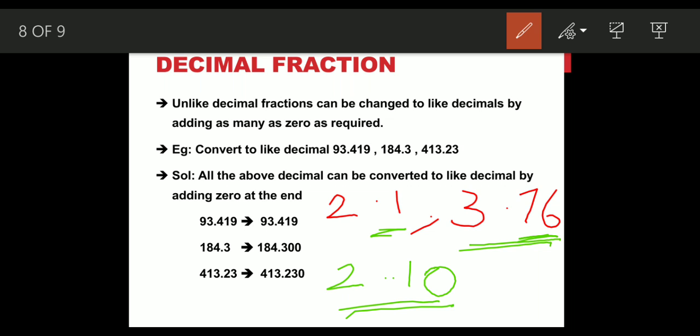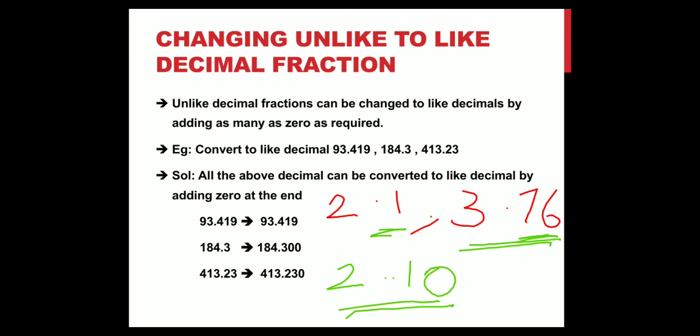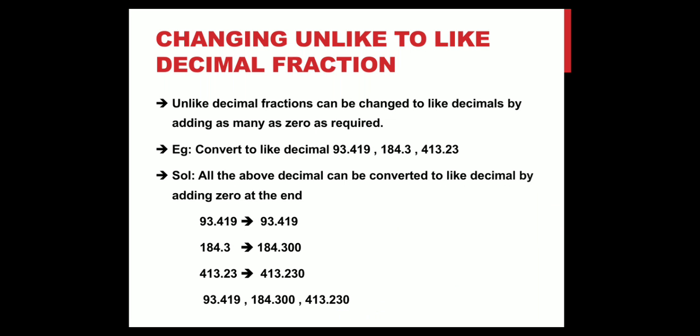So these are called like decimal fractions. Understood? Yes. So this is how we convert. Now you can see, after the decimal point all the numbers have equal decimal places. So this is what we call like decimals, and this is how we convert.